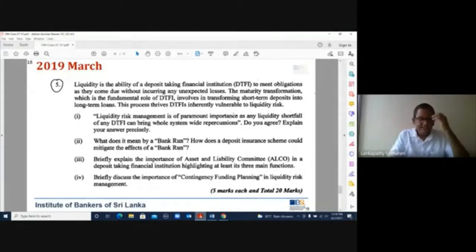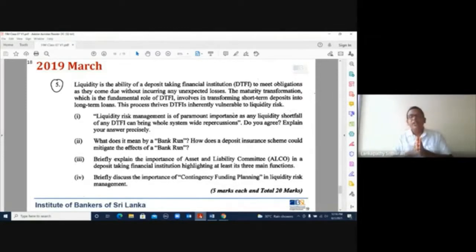Exactly. That's the answer. Most every bank should have a contingency funding plan, an arrangement with another financial institution or bank, with the condition that if there is any urgent funding requirement, that bank will give the particular funding up to a certain limit.